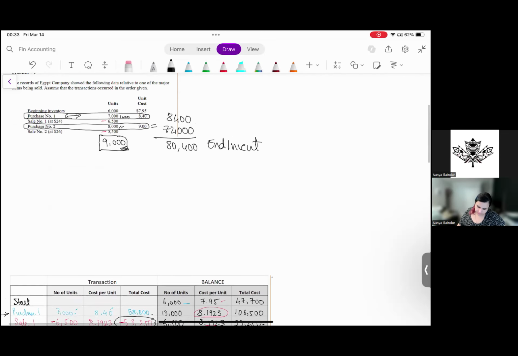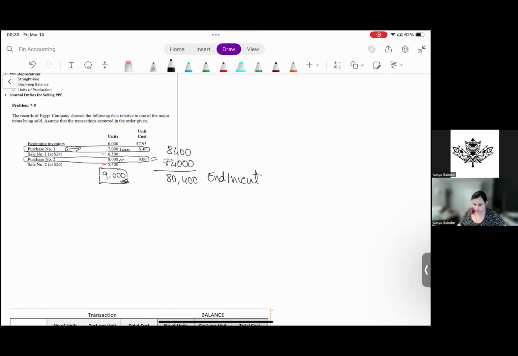So now let's find what the cost of goods sold is. To find cost of goods sold, I use a formula which is very intuitive. Your ending inventory will always be equal to your starting inventory plus any purchases minus any sales.